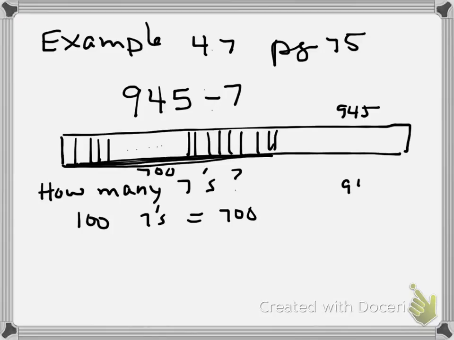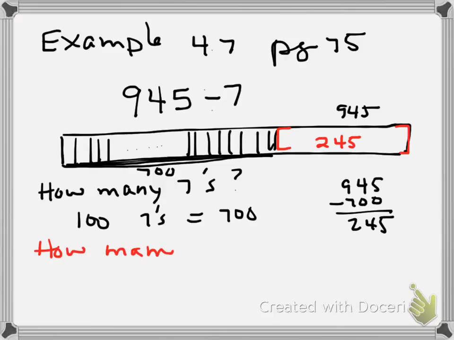Okay, now 945 minus 700 is 245. So this part here that's left over, let me see if I can change colors. This right here is 245, this remaining little box. So I ask myself, again, how many sevens in 245?